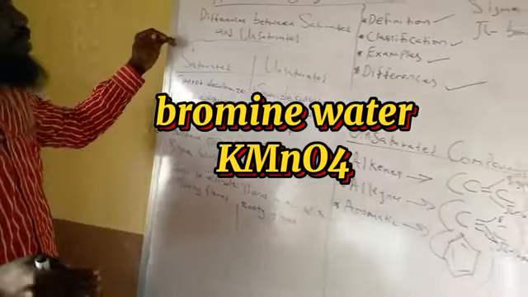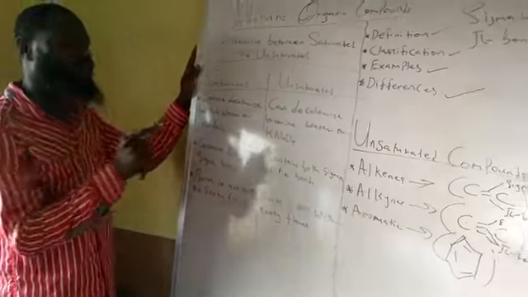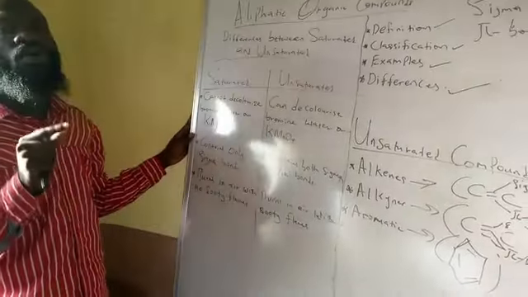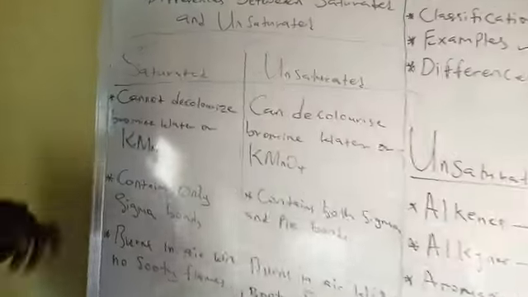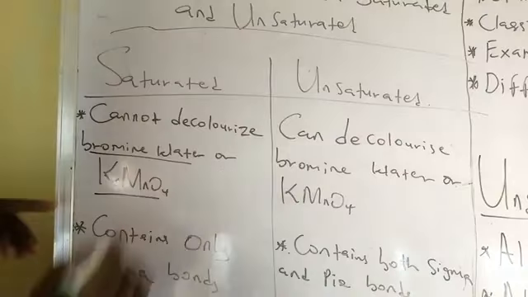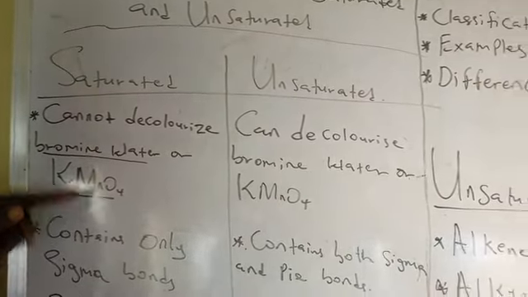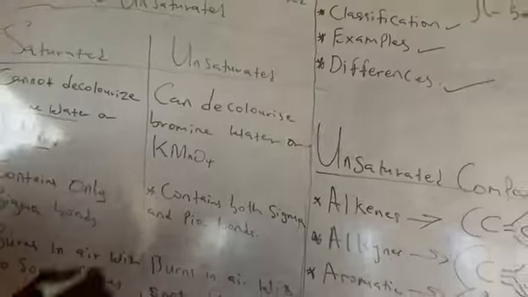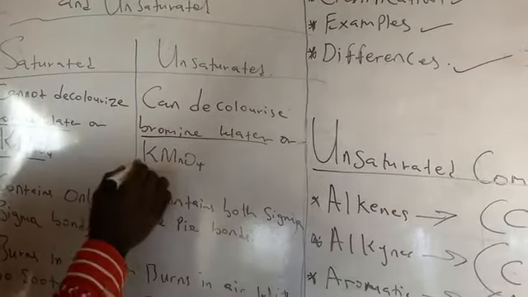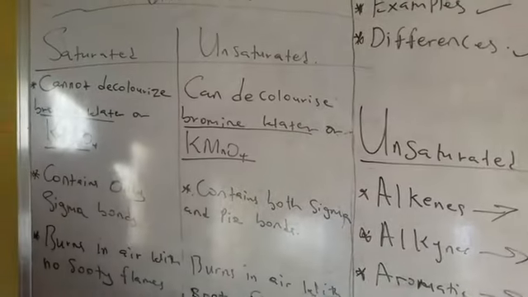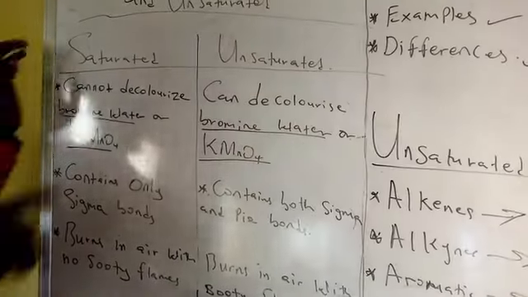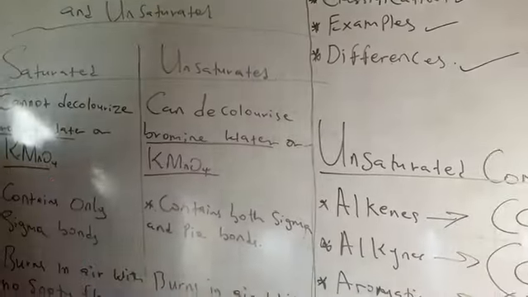Saturated compounds cannot decolorize bromine water or potassium permanganate, but unsaturated compounds can. That is one of the major differences.